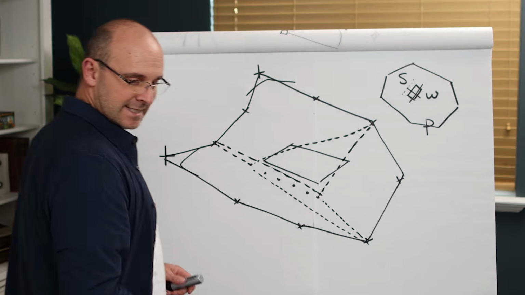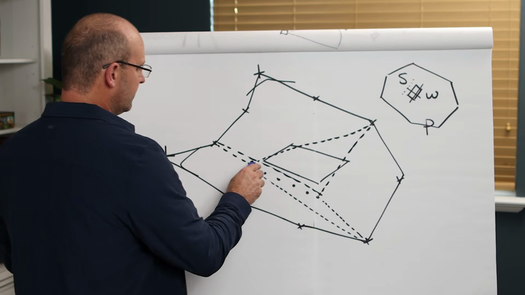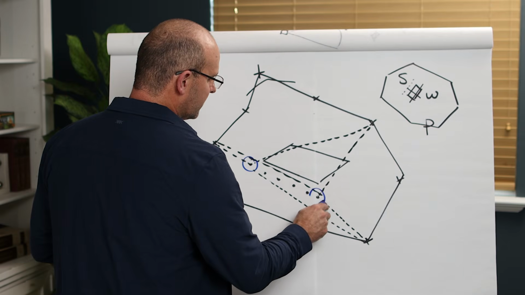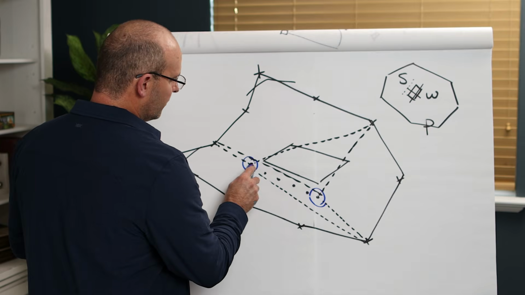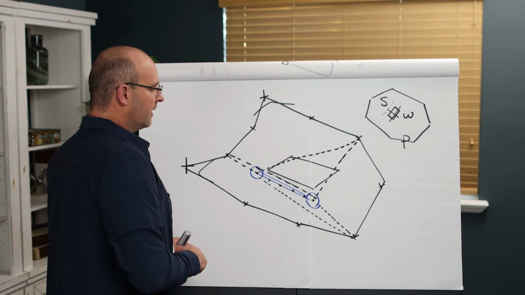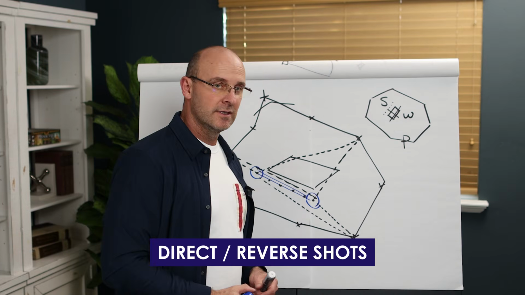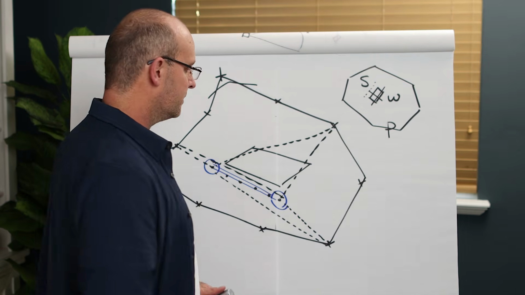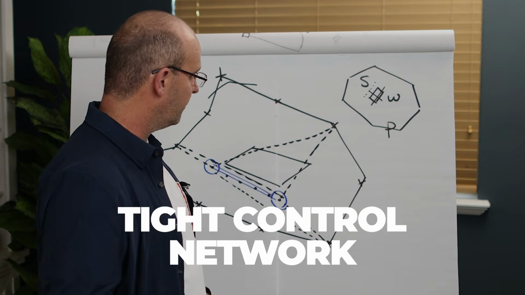And what happens is the points at the end are now laid out, and it's a beautiful thing. And then you can do a forward and back for your baseline and do direct and reverse shots to establish your distances. And so you have a really nice tight control network.